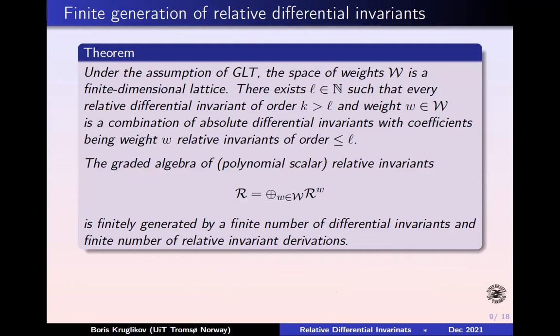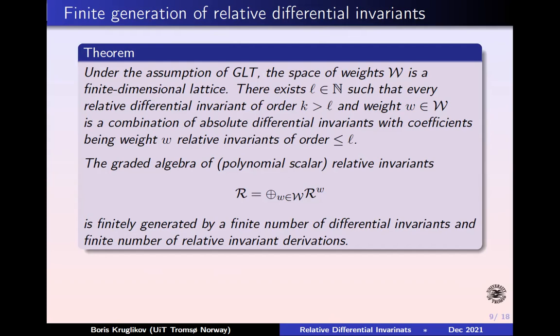It's a discrete subgroup of an abelian group, which is a vector space. Then there's a jet order L such that every relative invariance of order K greater than L and weight W is a combination of absolute differential invariants with coefficients being weight W relative invariants of order not greater than L.